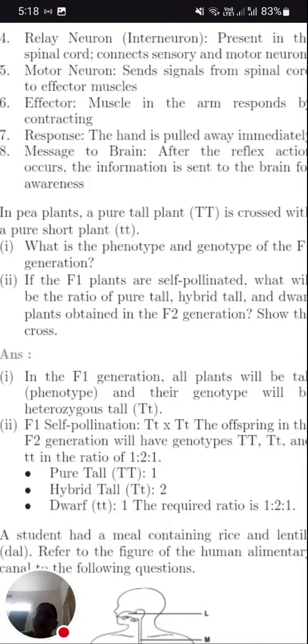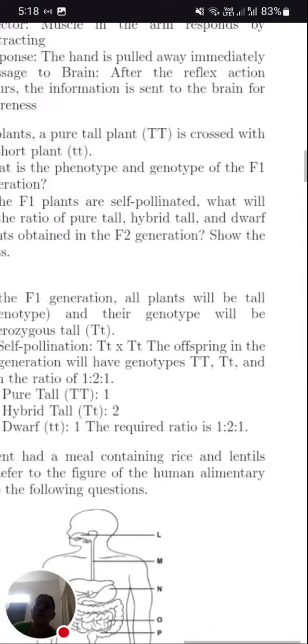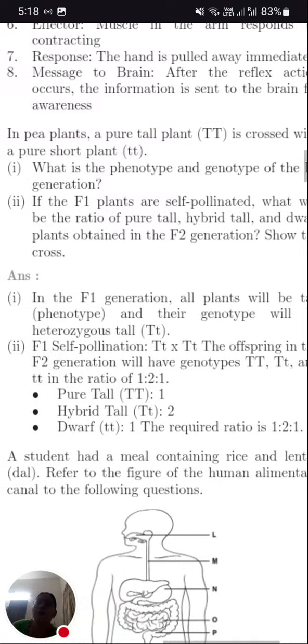So 1:2:1. Pure tall is 1, hybrid tall is 2, and dwarf is 1. So the genotypic ratio is 1:2:1, phenotypic ratio is 3:1.